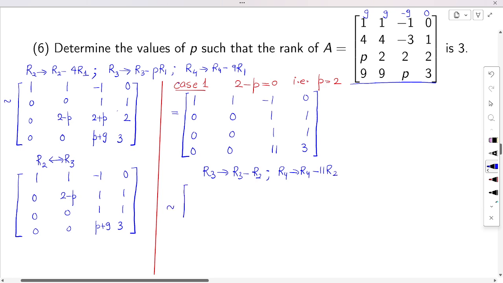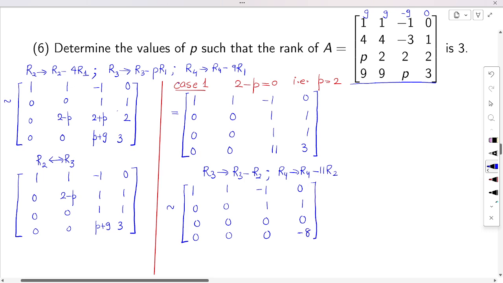So this matrix becomes 1 1 minus 1 0, 0 0 1 1, 0 0 0 0, and this becomes 0 0 0 and 3 minus 11 minus 8.